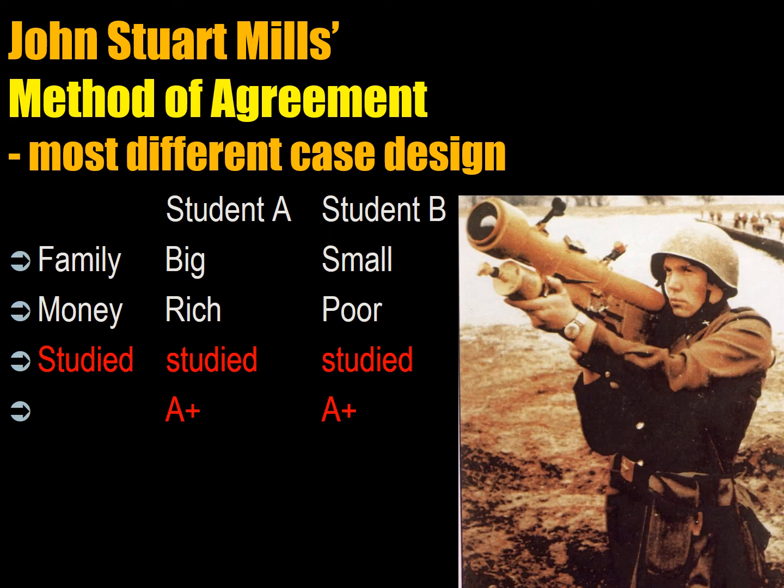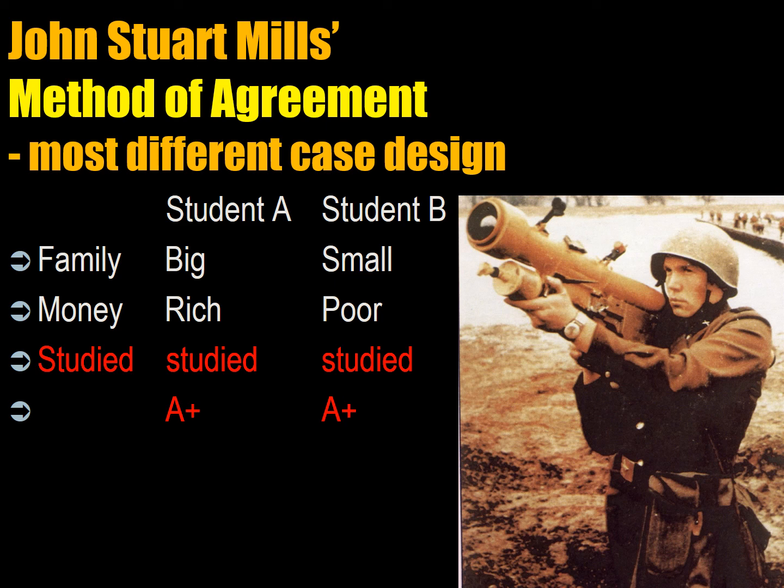Here again, we can apply the method of agreement, the most different case design, between student A and student B. They have different family backgrounds. They have different wealth levels. But because they both studied, they both had a similar outcome in terms of good performance at school.